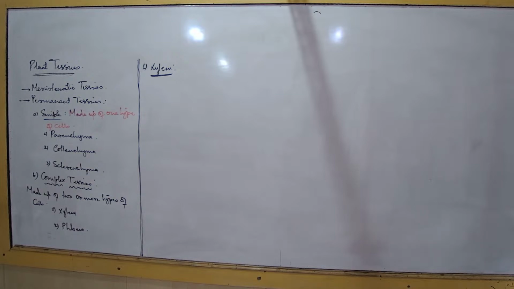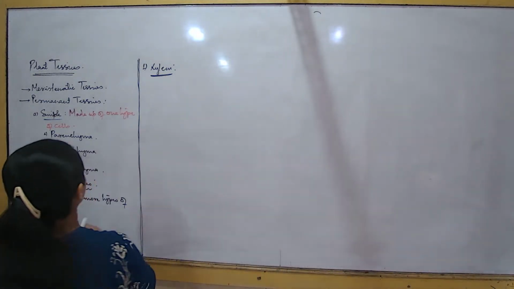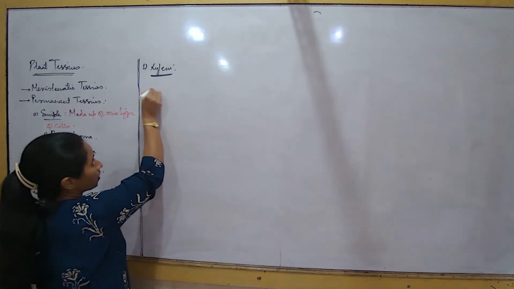It is a type of complex tissue, which will have more than one type of cell. Unlike parenchyma, collenchyma, sclerenchyma, they may be made up of 2-3 different types of cells.